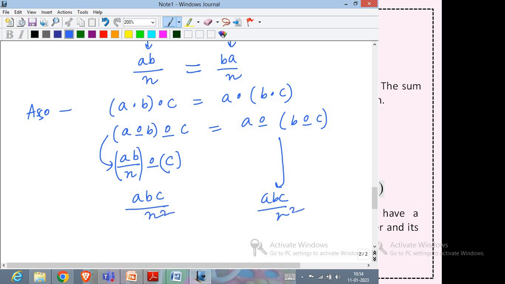Because for people who are not able to understand this: this is AB by N, so this is my A actually, and this is my B actually. So this is how it is represented in between. Now we are given AB by N, so basically the in-between step is C by N like this. So that's why this N square comes in over here. Understood? So LHS is equal to RHS.